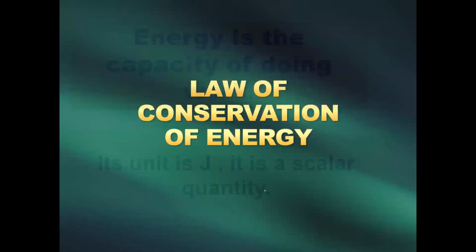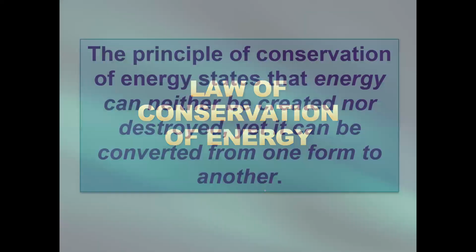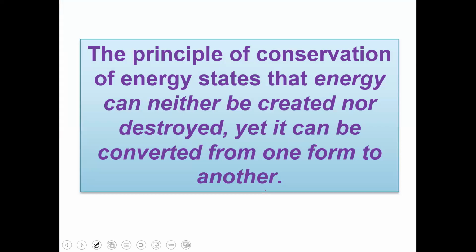Okay, we are here. Law of conservation of energy, our old friend, we saw this in our O level also. What is the law of conservation of energy? A very famous law. The law says that energy can neither be destroyed nor produced, but it can be converted from one form to another.